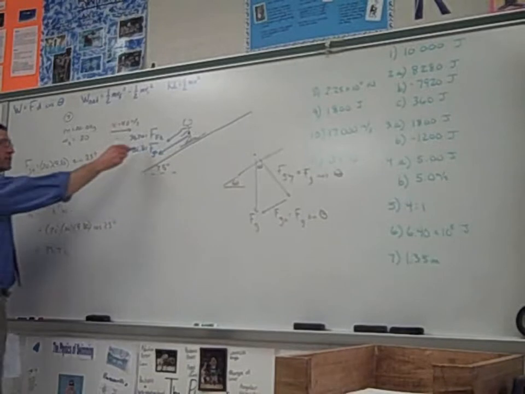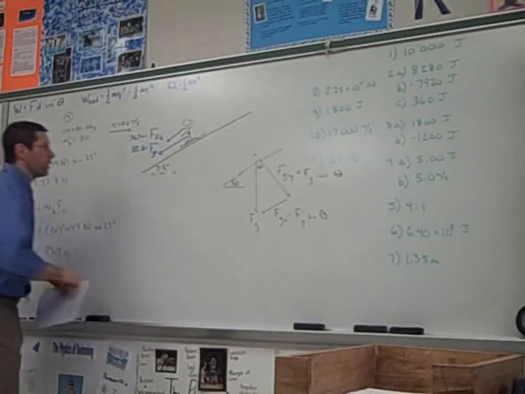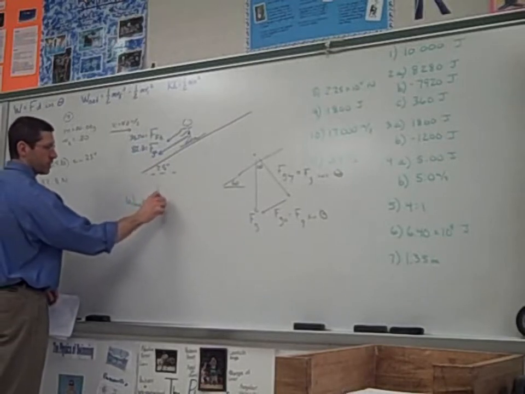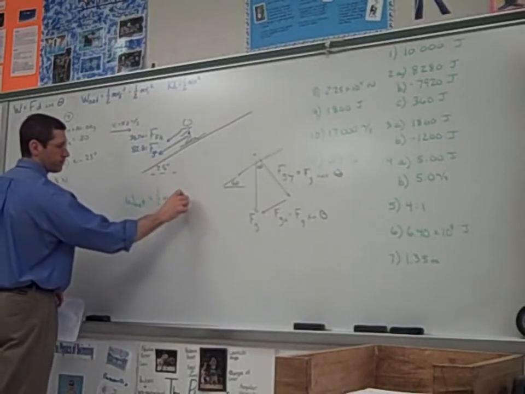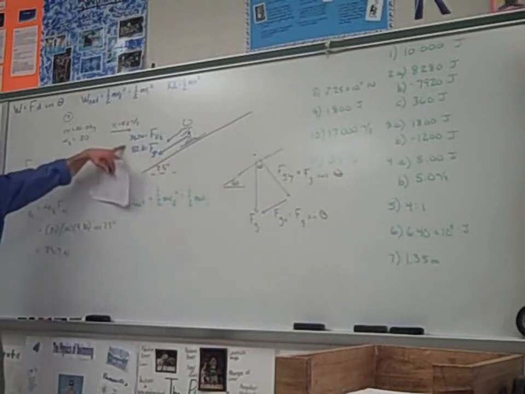Now both of these forces are doing negative work, right? And the total work that they do is what changes the monkey's kinetic energy. So now let's go to the work energy theorem and figure out how far he goes. So what we know is that the net work equals the change in kinetic energy. And the net work is going to be done by these two forces.